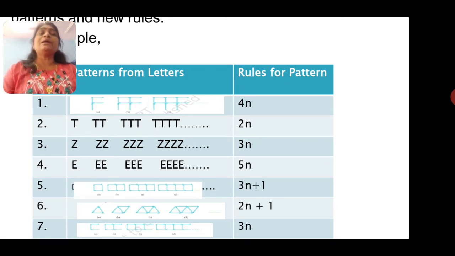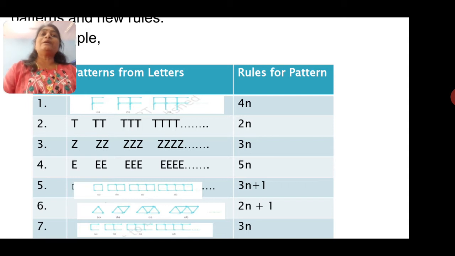Similarly, for making letter T, we can use 2 matchsticks. Therefore, for 1 T pattern, number of matchsticks 2. For 2 T pattern, number of matchsticks 4. For 3 T pattern, number of matchsticks 6. Therefore, the general rule is 2N, where N is the number of T. Similarly, we can use the letter Z. For letter Z, the number of matchsticks we use is 3.